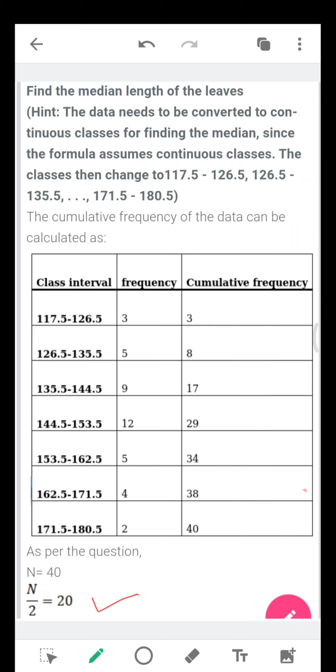What is nearest highest to this value? What is nearest highest to 20 in the cumulative frequency?